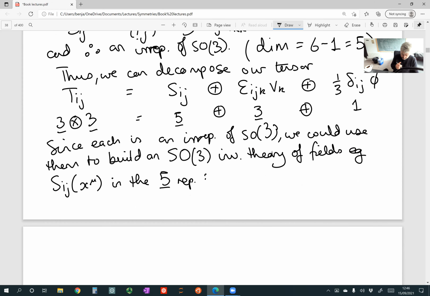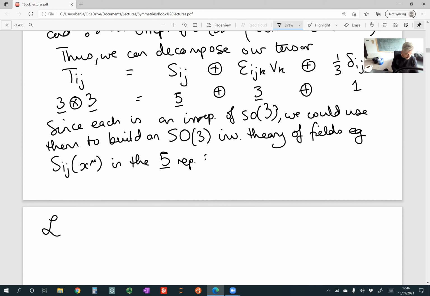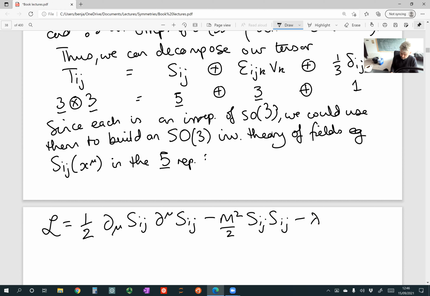And if we were to represent things in this way, our invariant Lagrangian would just be a half d mu Sij d mu Sij minus m squared over 2 Sij Sij minus lambda Sij Sij squared. So this is invariant under SO3.